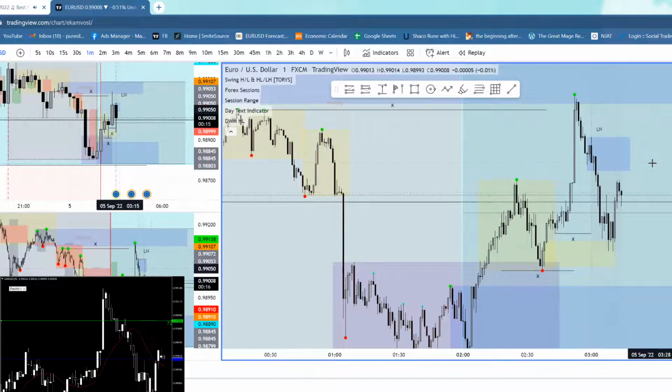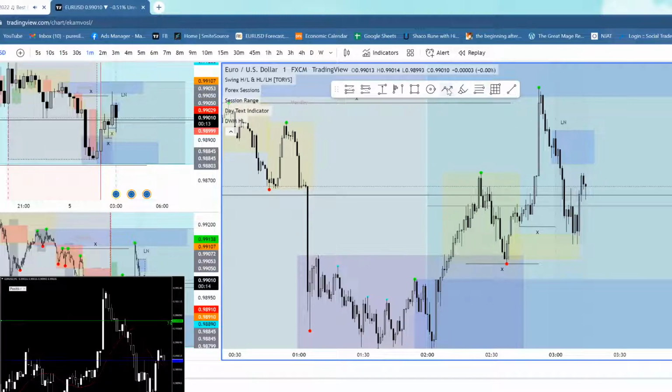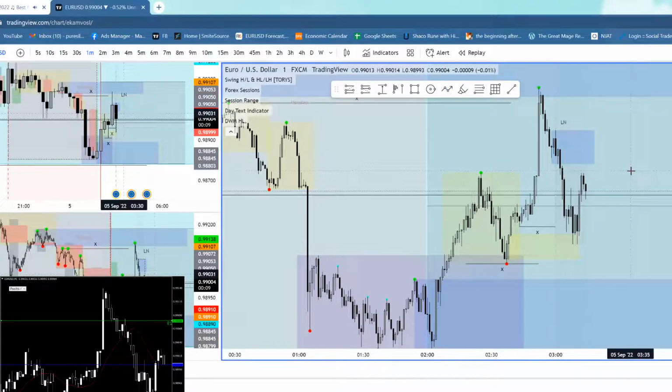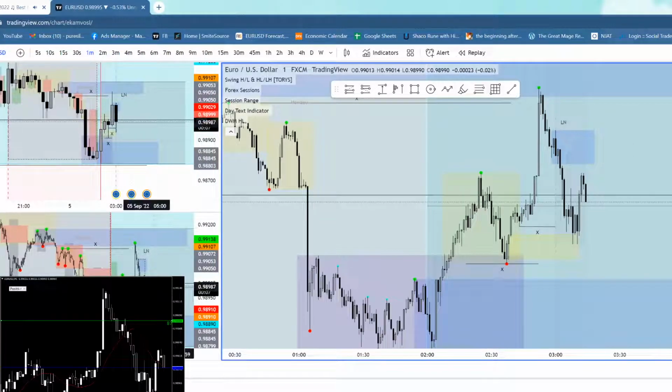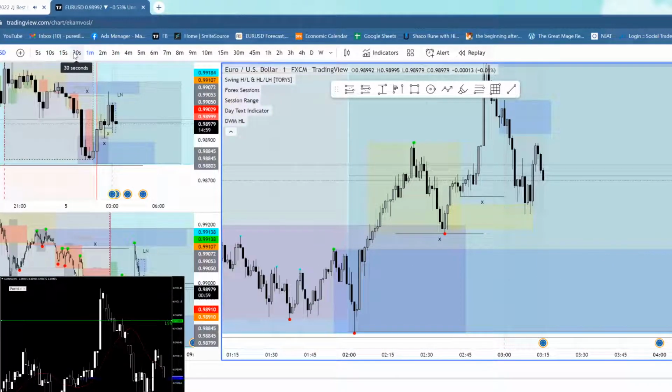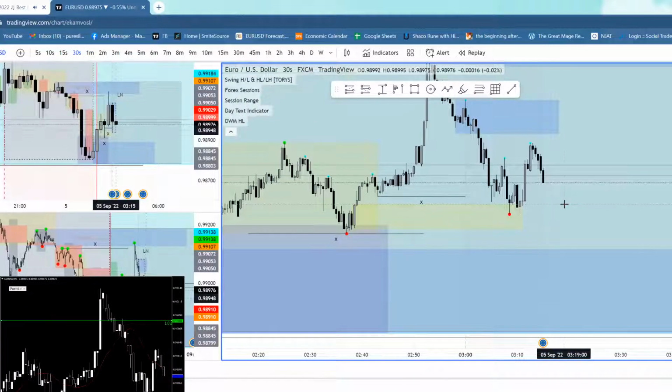I'm still kind of set on my short to buy strategy here. I'm thinking that's the move.